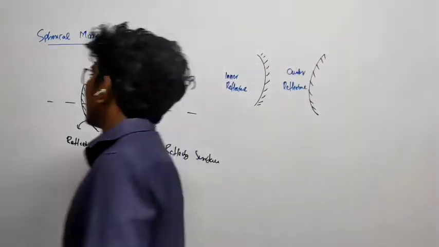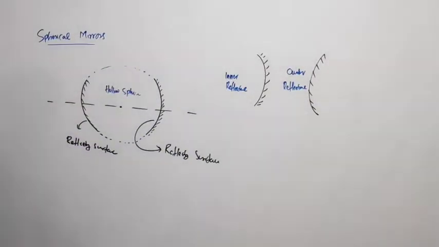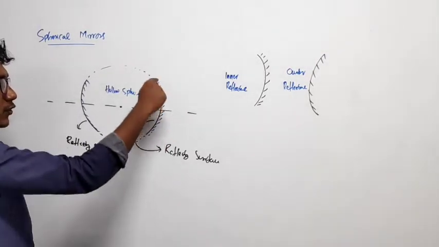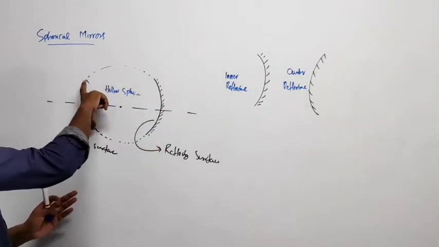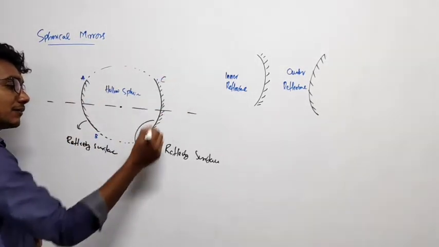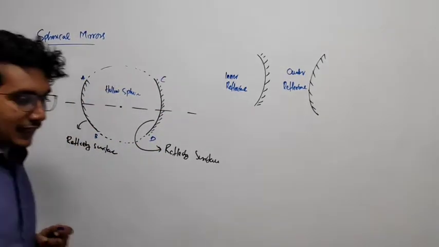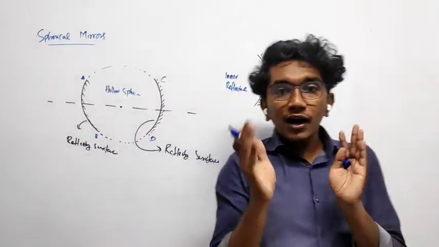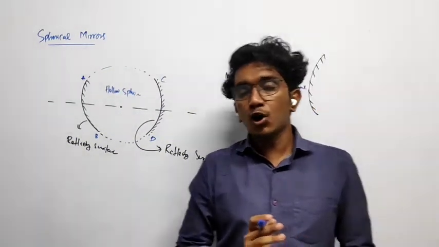In the sphere I have made two portions, which I call AB and CD. AB and CD are parts of a hollow sphere.